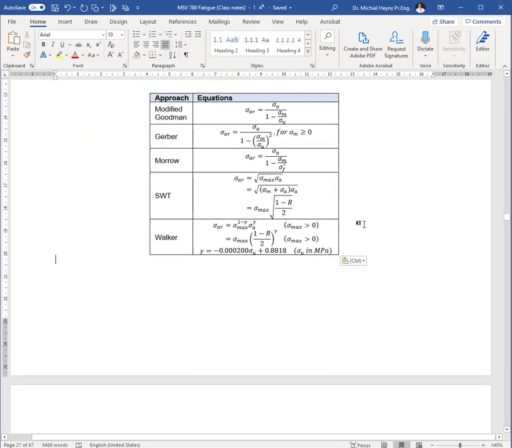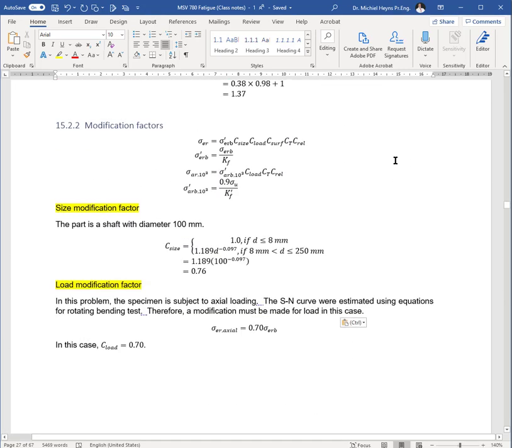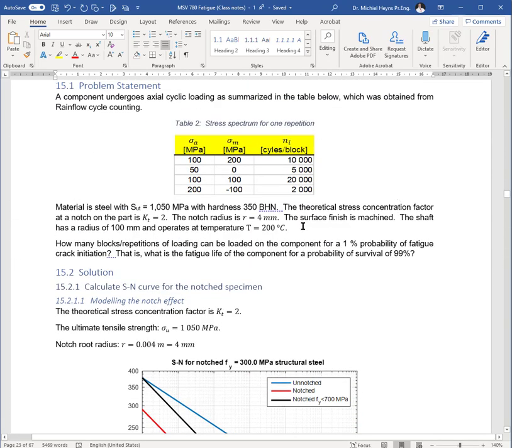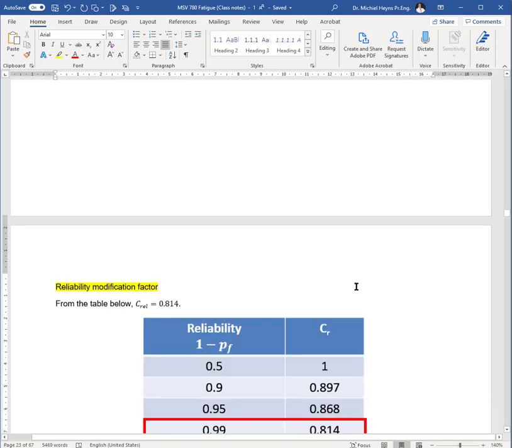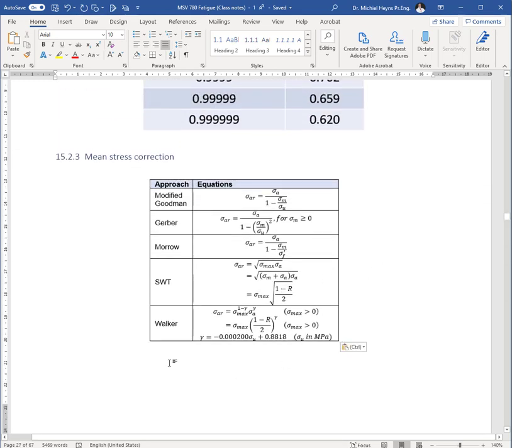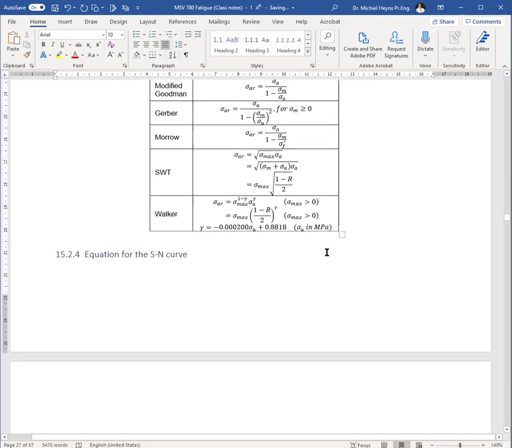Now, to calculate damage and the number of reversals or the fatigue life at any completely reversed stress amplitude, we need an equation for the S-N curve. Now, our S-N curve will be modeled as follows.